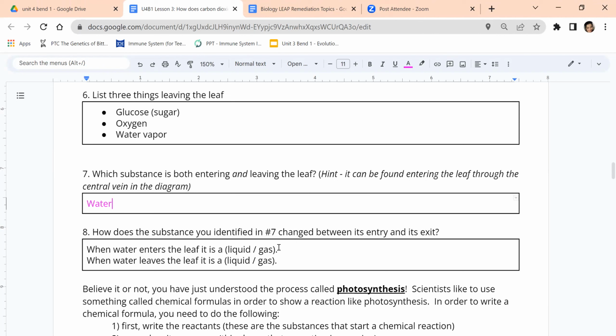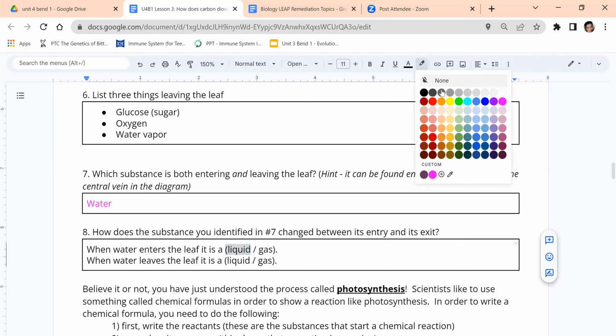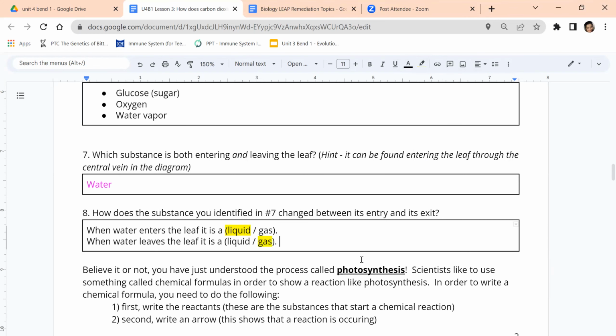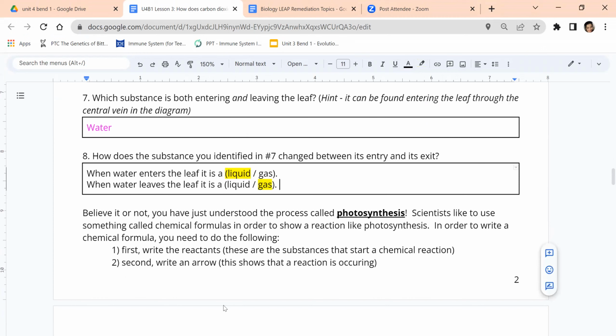And so the water enters the leaf as a liquid, and it leaves the leaf as water vapor, which is a gas. So, believe it or not, you just understood the process called photosynthesis. It's really not that complicated.